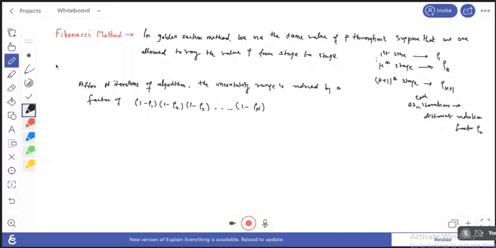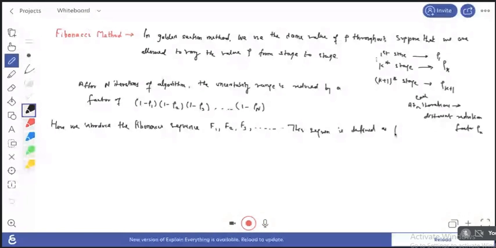So here we introduce the Fibonacci sequence, and that sequence is written as F1, F2, F3, in general Fn. This sequence is defined as follows.